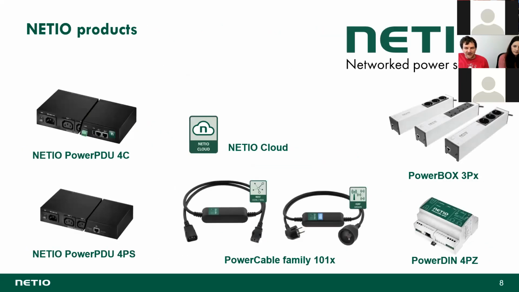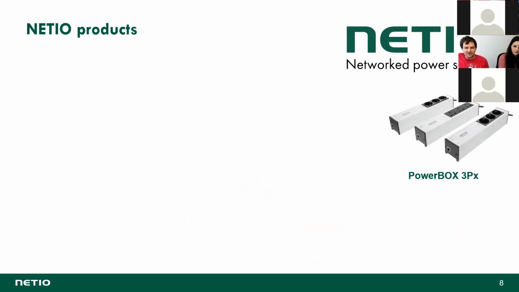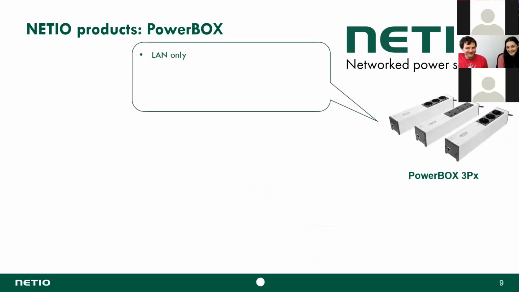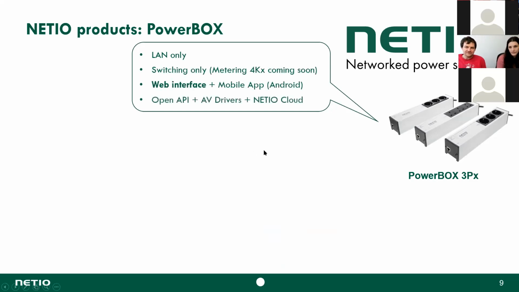Okay, let's go back to our products, and now let's talk about the standard PowerBox. Carla? Yeah, the PowerBox is quite simple, I would say. It's LAN only, so there is no Wi-Fi on this product. It's only for switching.